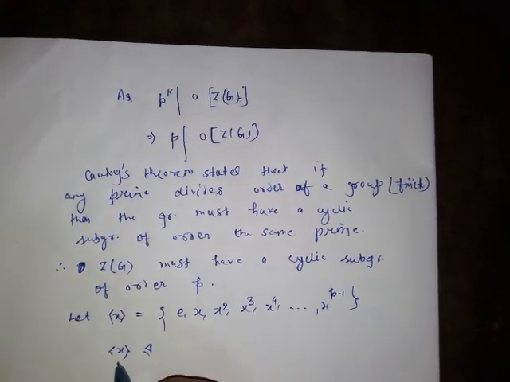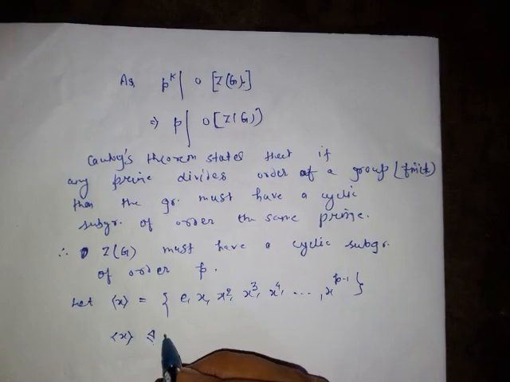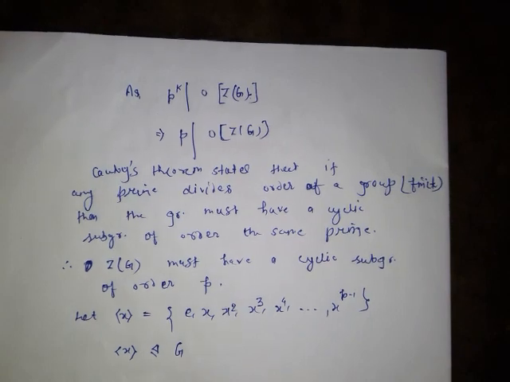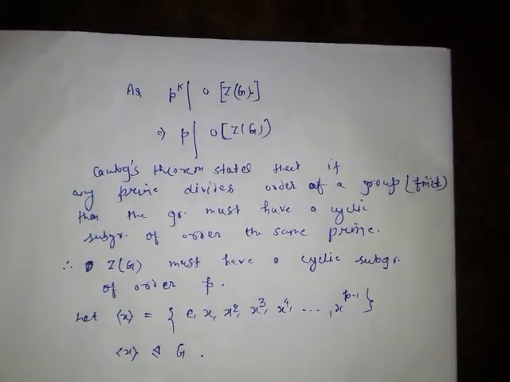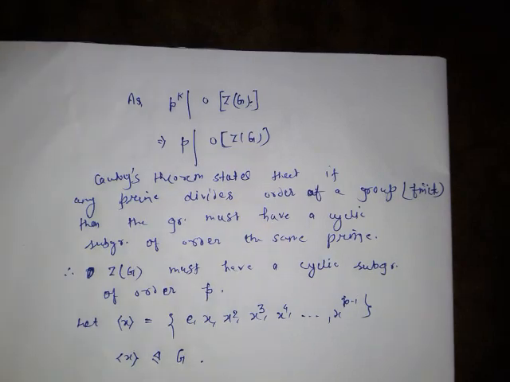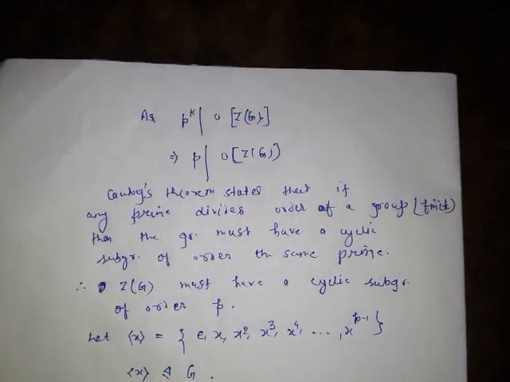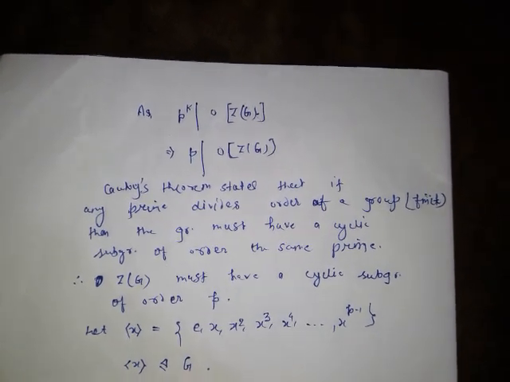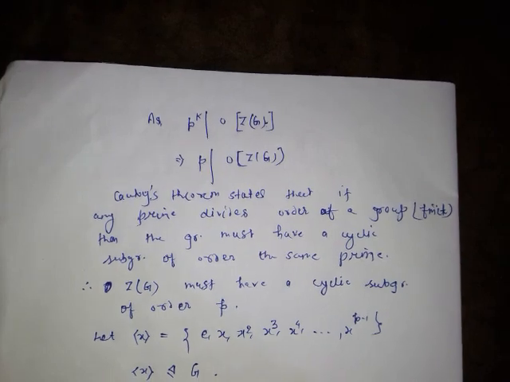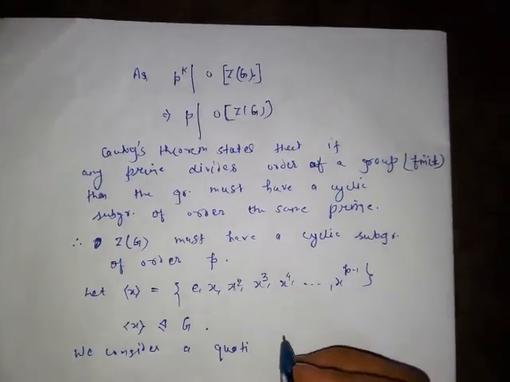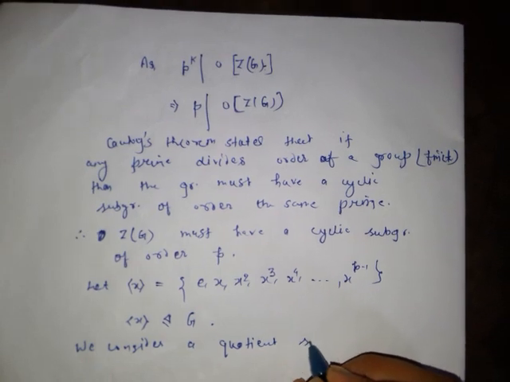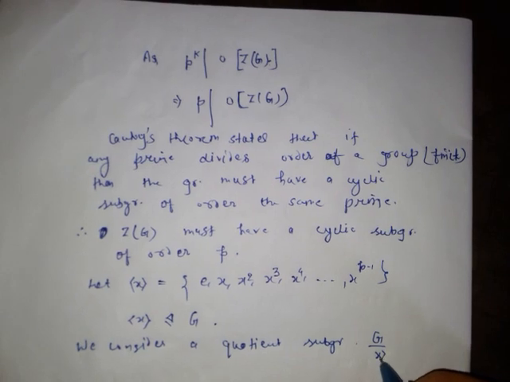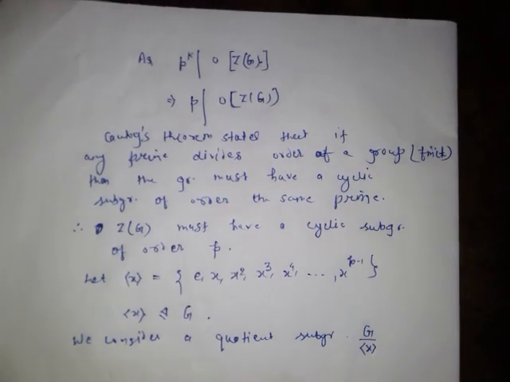So this cyclic subgroup generated by x must be a normal subgroup in the group G. Here also we can consider a quotient group, G upon the cyclic subgroup generated by x.